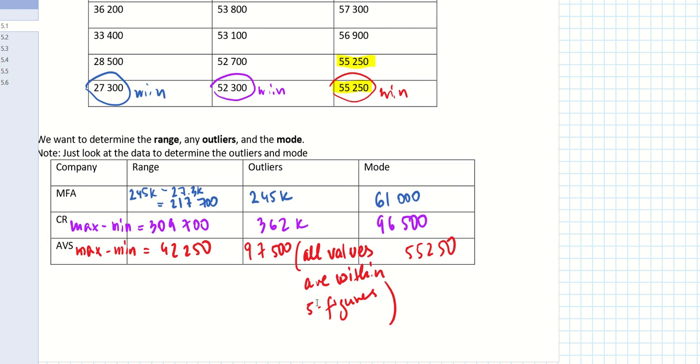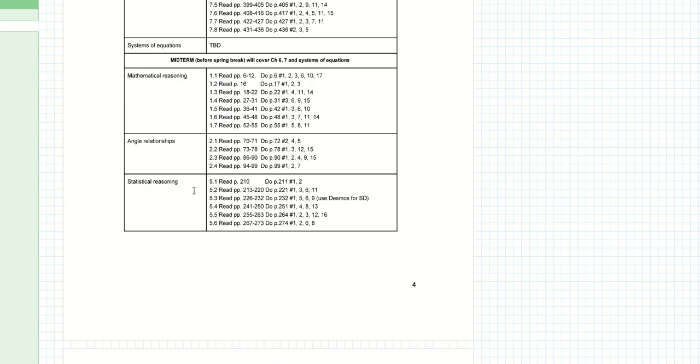So you have all the information on Teams. For practice, make sure you go to the course info section and do the statistical reasoning. This is our chapter 5 here. The readings are, again, page 210, or actually I would say 208, and then do questions 1 and 2.